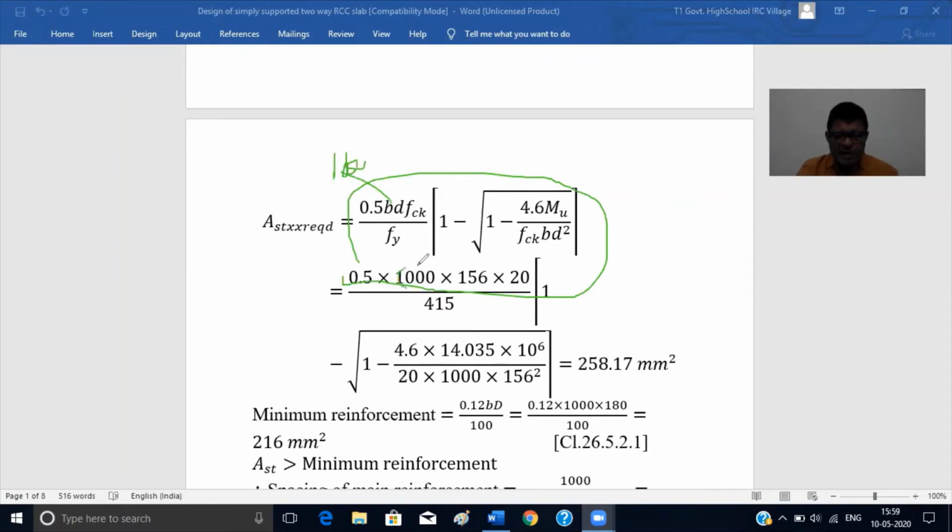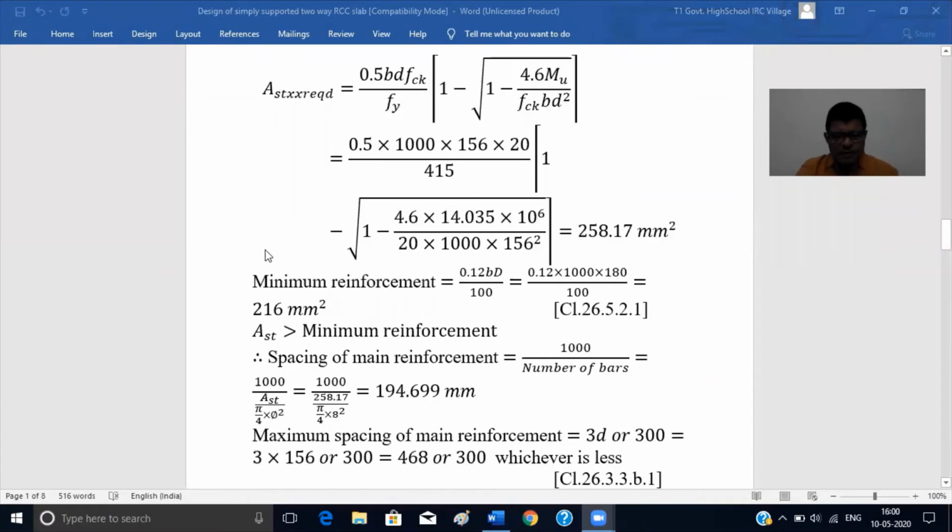You see everywhere b is equal to 1000, and d means d provided, not the d required, but the d provided will be taken. So d provided is again here 156. So by putting this value, find the area of steel. It is coming 258, but minimum steel comes out to be 0.12 percent of bD, which is 216. That means you have to find the spacing for 258, and minimum steel is 216.